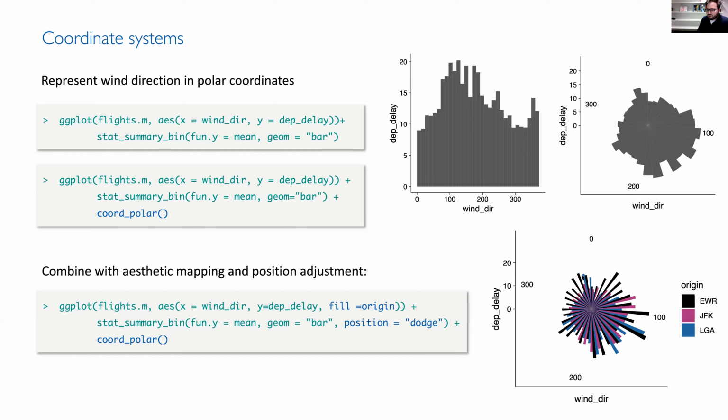And in this plot, what you see is that there is a relation between the wind direction and the departure delays, specifically when the wind comes from, what is that, southwest, a little bit southwest-west, for the 2 airports, LGA and Newark.